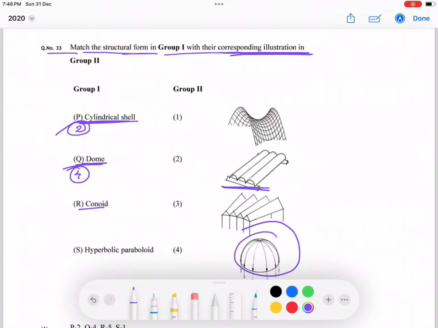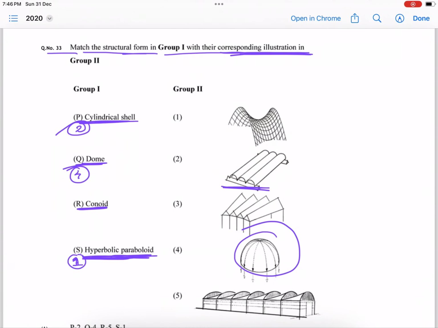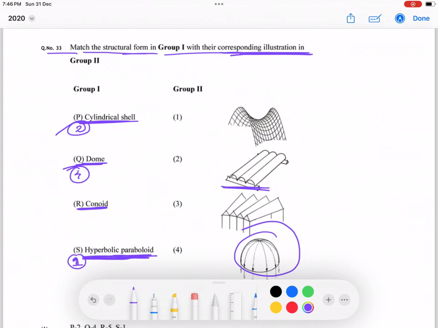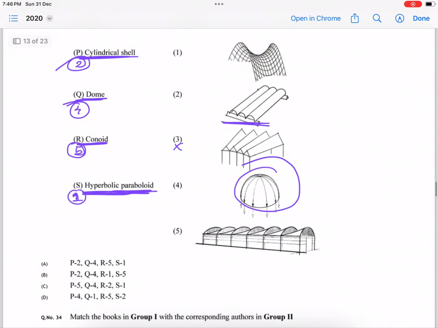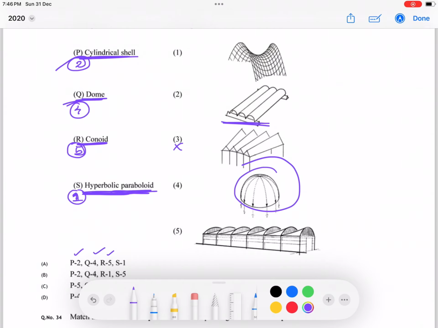Conoid and hyperbolic paraboloid: hyper is shown by 1 and the cone is shown by the 5th one, not the 3rd one. So the best match answer here is 4, 5, 1. So A1.